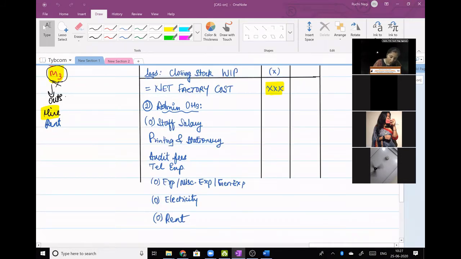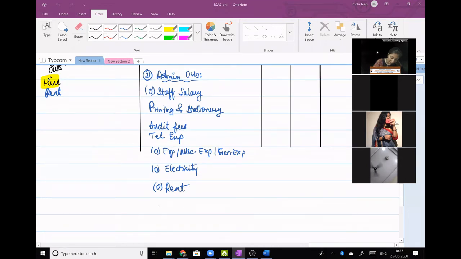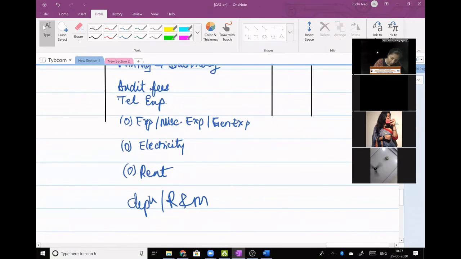So good students, you gave good examples. Depreciation or repairs and maintenance on office assets. Write down this. Note it down.